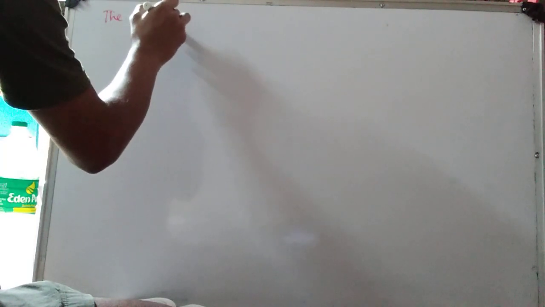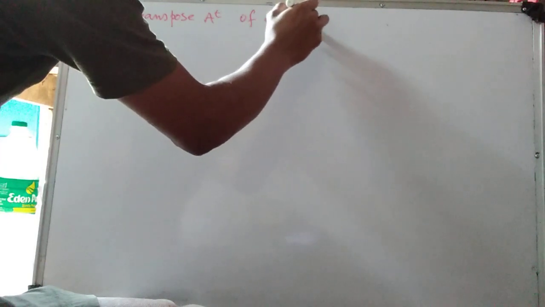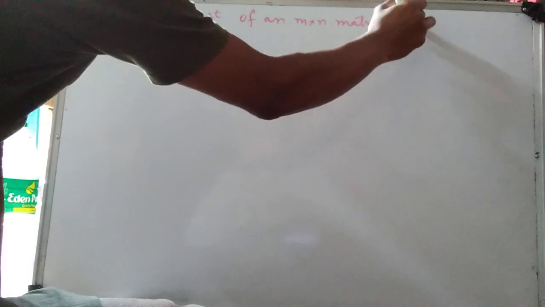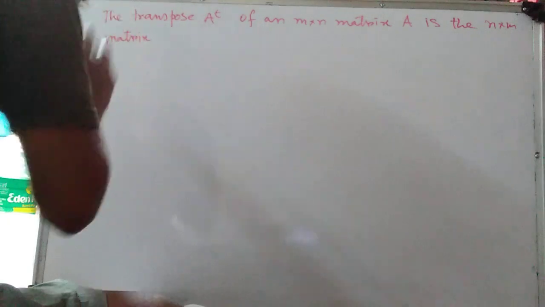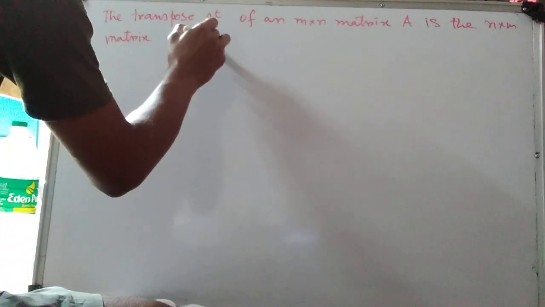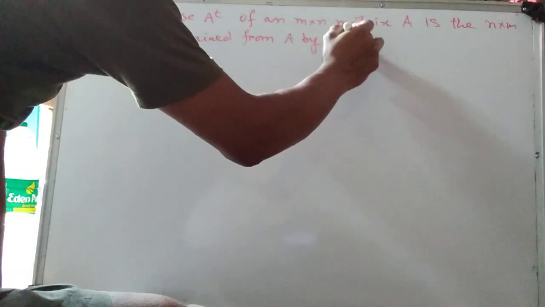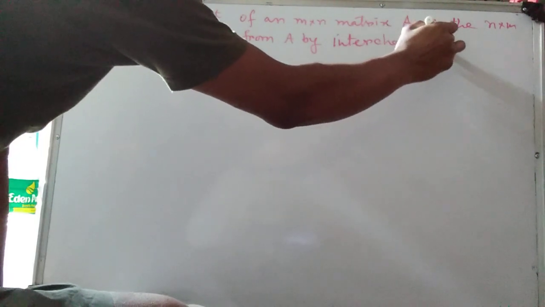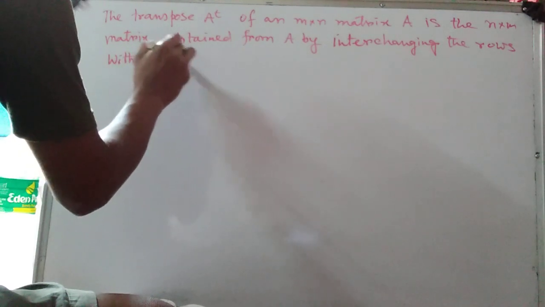Here we write the transpose A^T of an m cross n matrix A is the n cross m matrix obtained from A by interchanging the rows with the columns.